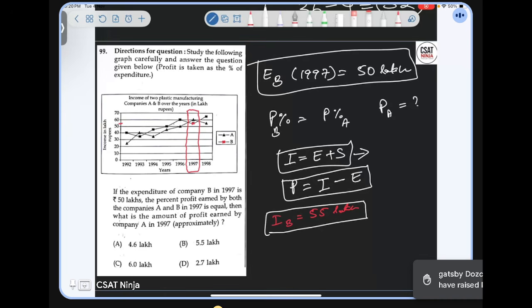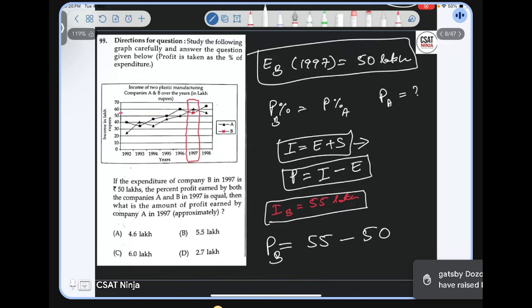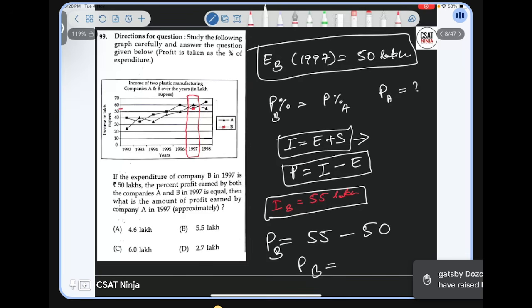So profit for B will be: income is 55 lakhs minus expenditure is 50 lakhs. So the profit of B is nothing but 5 lakhs. B is earning a profit of 5 lakhs.